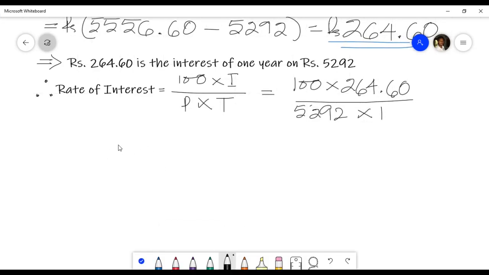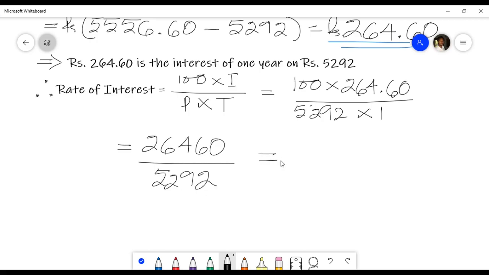When we multiply 100 into 264.60, we get 26,460 divided by 5,292. When we simplify it further, we get the rate of interest as 5%. So 5% is the rate of interest.